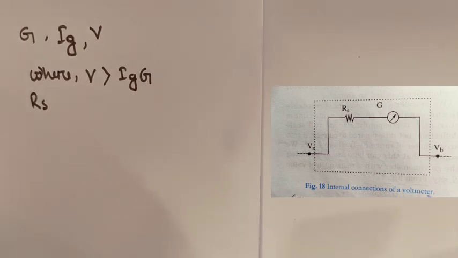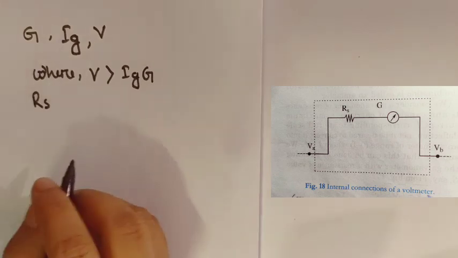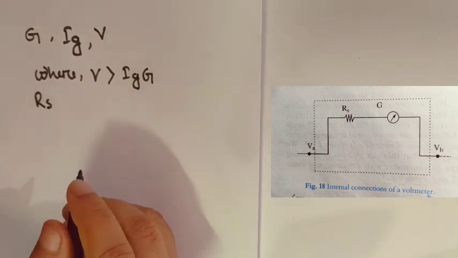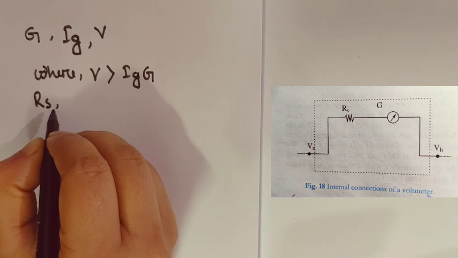The value of Rs is found by noting that a current of Ig must pass through the galvanometer when the voltmeter is connected across a potential difference of V.